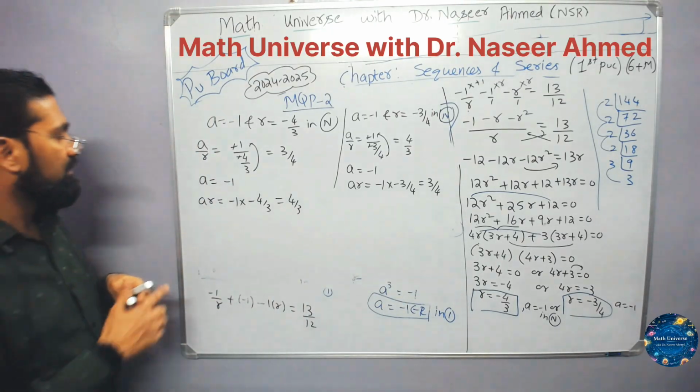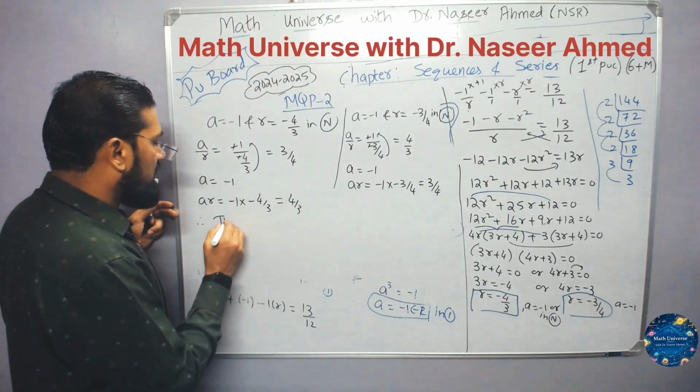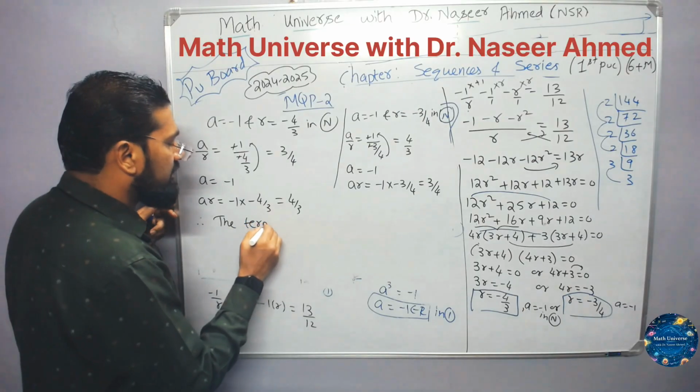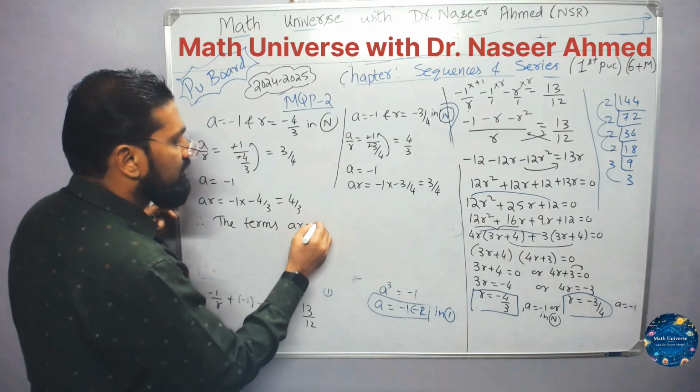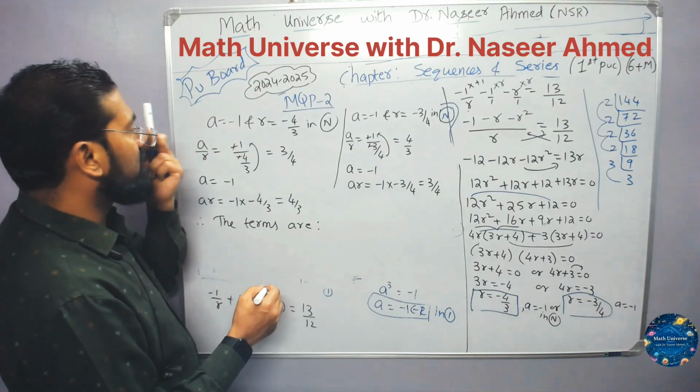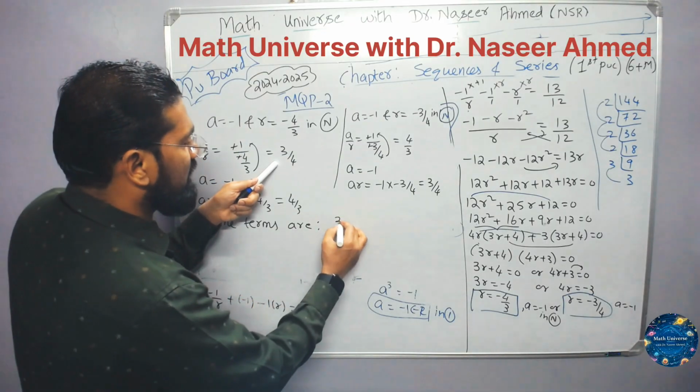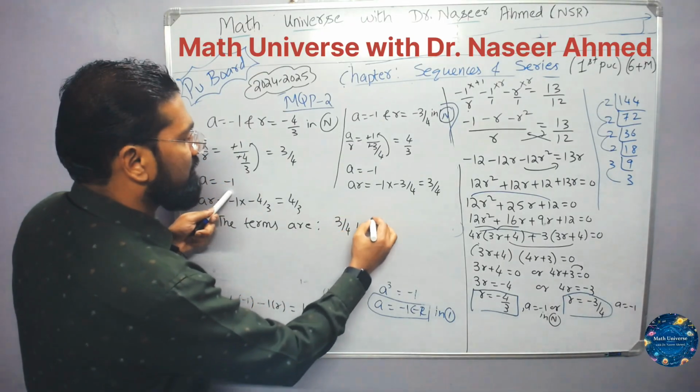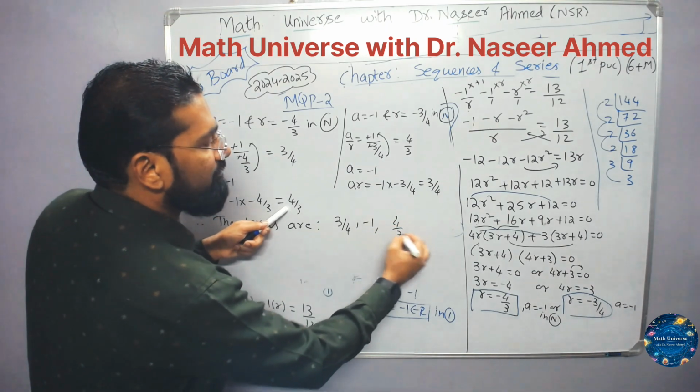Therefore, the terms are, if I take this category, first term is minus 1 and common ratio is minus 4 by 3, my terms will be 3 by 4, then minus 1, and then 4 by 3.